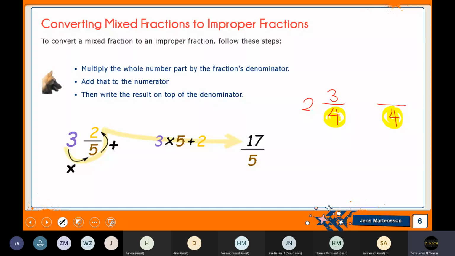Remember, you have to multiply 2 times 4, then add 3. 2 times 4 is what? 2 times 4 equals 8. Plus 3 equals 11. Good job. So it will be 11 over 4.